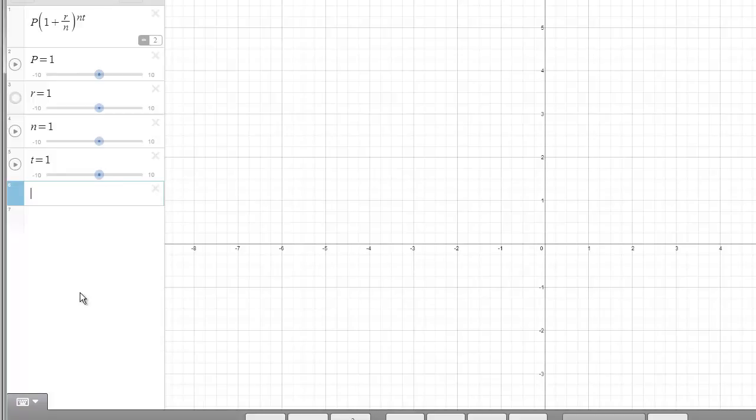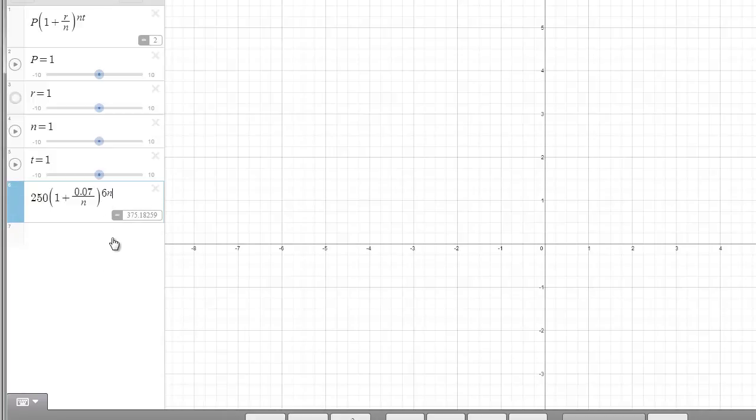The principal is $250 times 1 plus the rate 0.07 divided by n, raised to the n times t, and t was 6 years, so 6n.